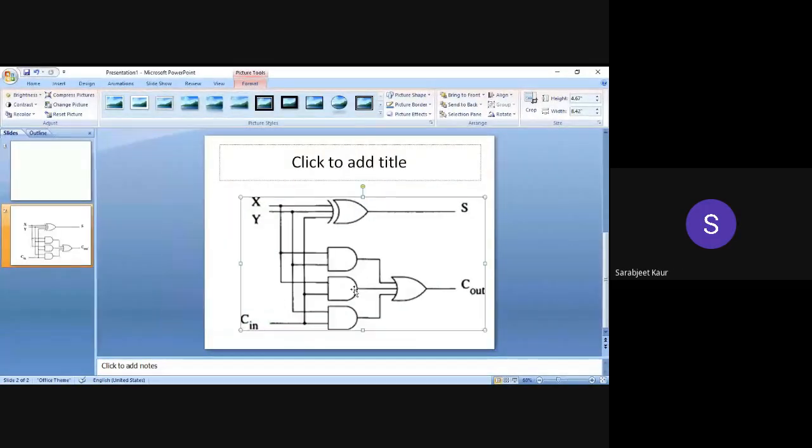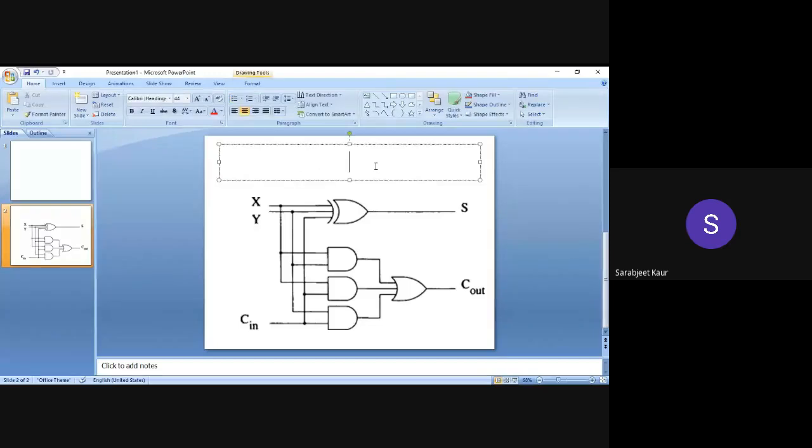So what you see here is the same expression that we have just derived. So this is the circuit diagram for the full adder. You can see here, instead of Z they put in carry in, and instead of C they are using carry out, as I explained to you.